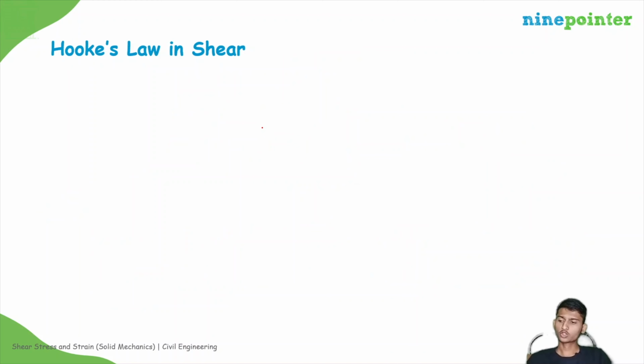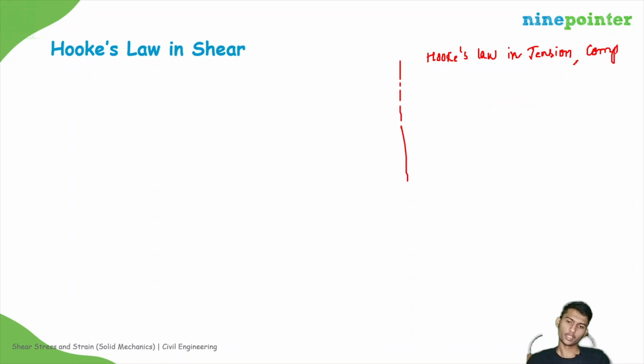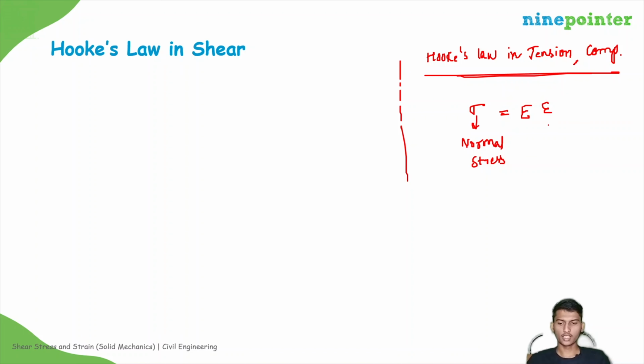Let us move on to Hooke's law in shear. We already discussed Hooke's law in tension and compression. In case of axial loading, we wrote sigma, the normal stress, equals E into epsilon, the normal strain, right? Here E is the modulus of elasticity.